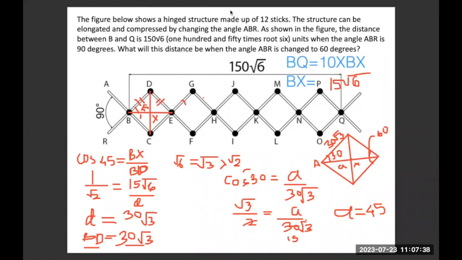So the new BX dash will be, so the new length BQ dash will be equal to 10 into BX dash, which is the new length, which will be equal to 10 into 45, which is 450.